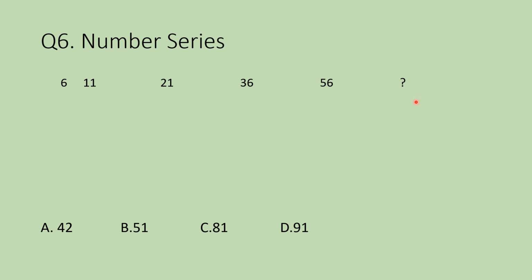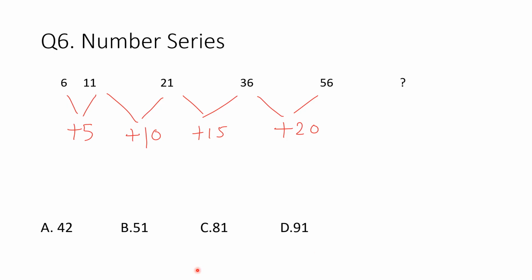Again, if you see here, the numbers are increasing. So what is the next thing that you should be doing? You should be finding out the difference. Let's try to see the difference between these numbers. So if you see the difference, you can easily see 6 plus 5 is 11, 11 plus 10 is 21, plus 15 is 36, plus 20 is 56.